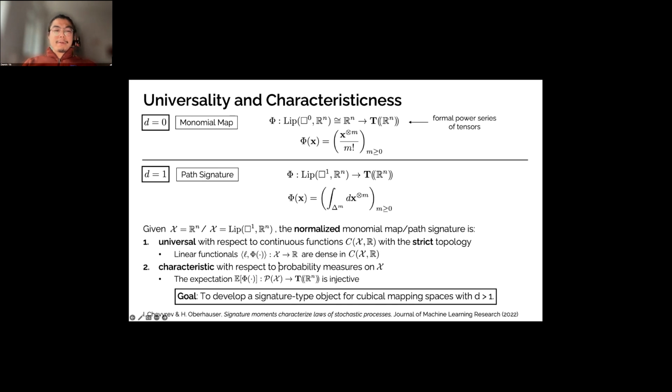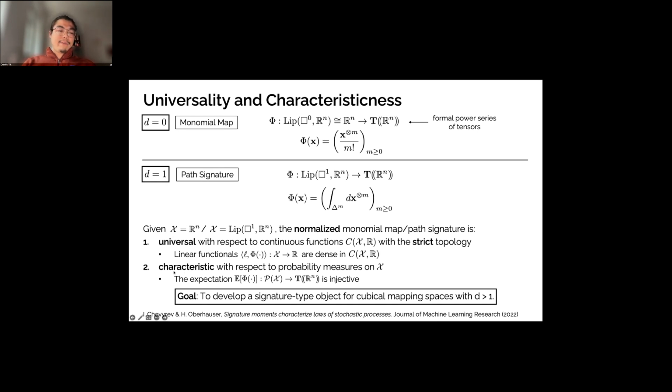So before I move on, I want to highlight that these two properties in the case of Rn are very classical results. Suppose we have a compact subset of Rn. We know that polynomials are dense in the space of continuous functions. This is just the classical Stone-Weierstrass theorem.